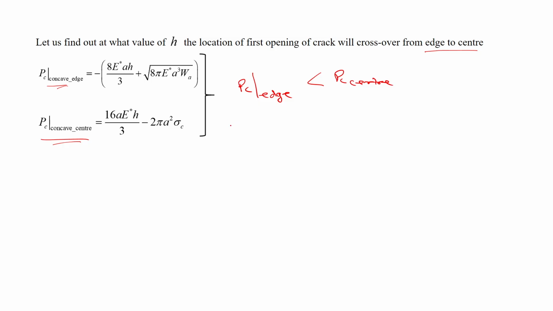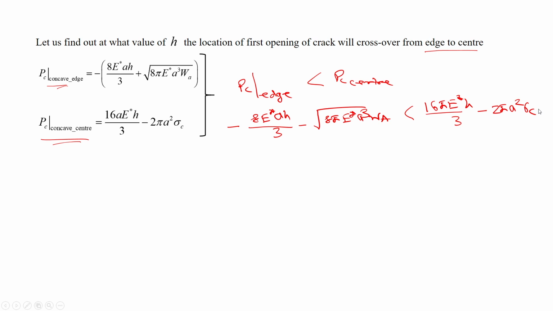Therefore, here, let us say this is minus 8 E star A H by 3, and again this is 8 pi E star A cube into W A. So, that is for the edge, and that should be smaller than this, which is 16 A E star, H by 3 minus 2 pi A square sigma C, like this. So, therefore, we can say that, like that.